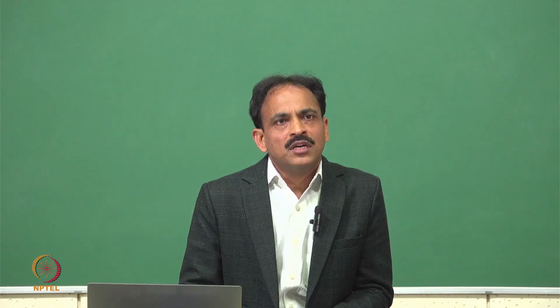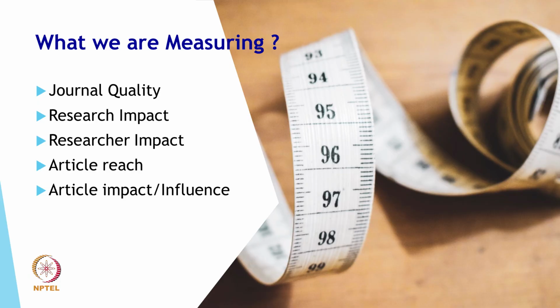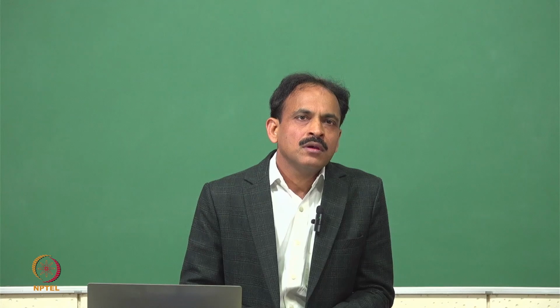When we talk about academic publishing, what are we measuring? We are measuring the quality of journals in which research is published, research impact, researcher impact, article reach, article impact and influence. These are the things which we are measuring.